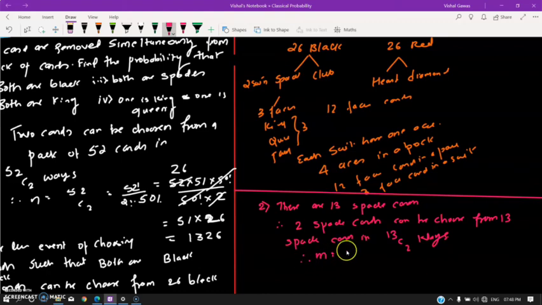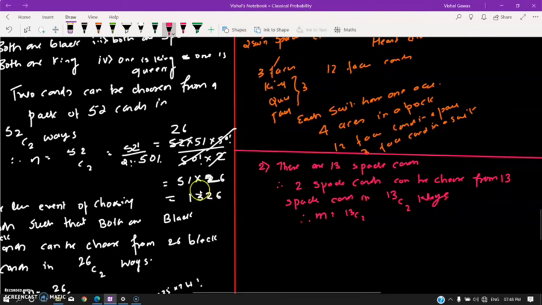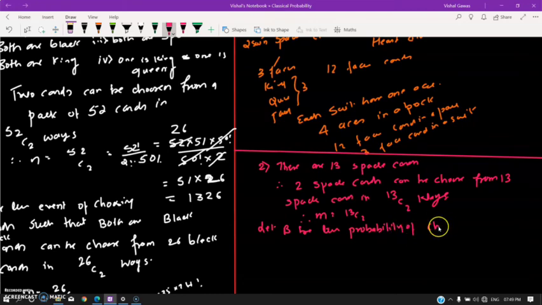Therefore, my m here becomes 13C2. Let B be the event of choosing two spades.